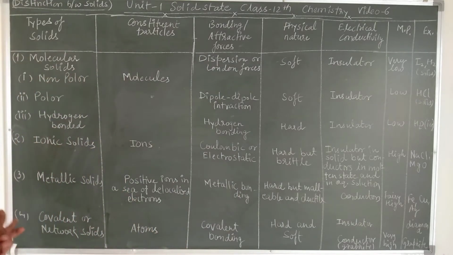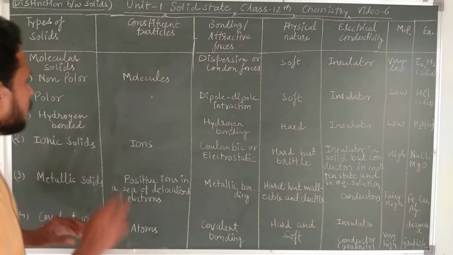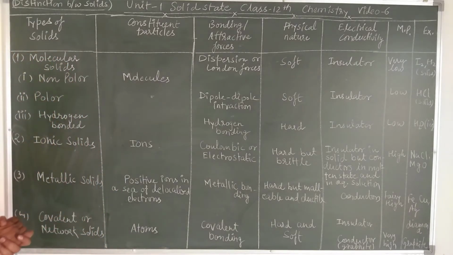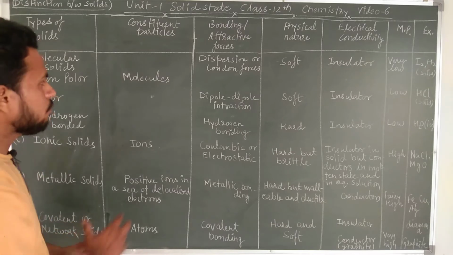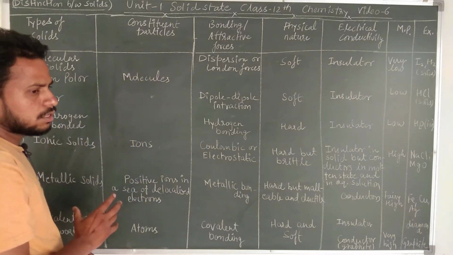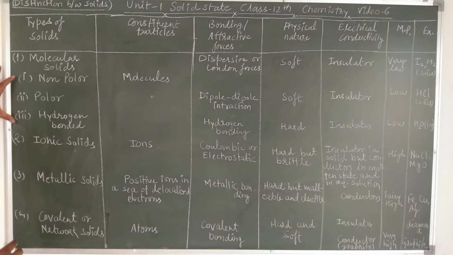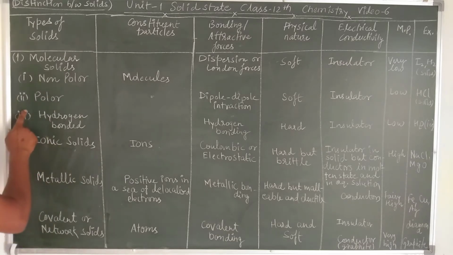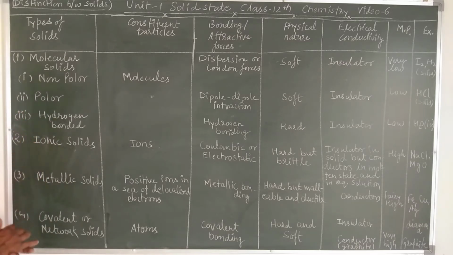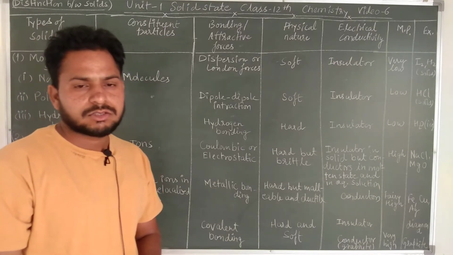So the first crystalline solid is molecular solids. In molecular solids, the constituent particles are in the form of molecules, and there are three types of molecular solids. First is non-polar molecular solids, second is polar molecular solids, and third is hydrogen bonded molecular solids.